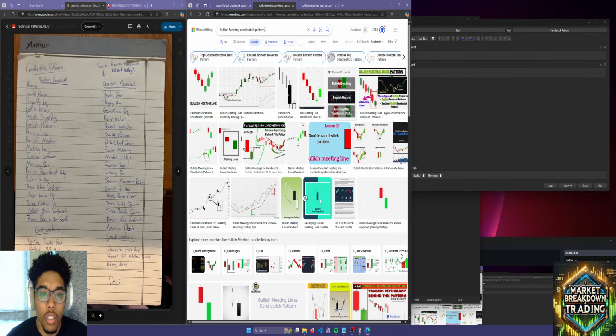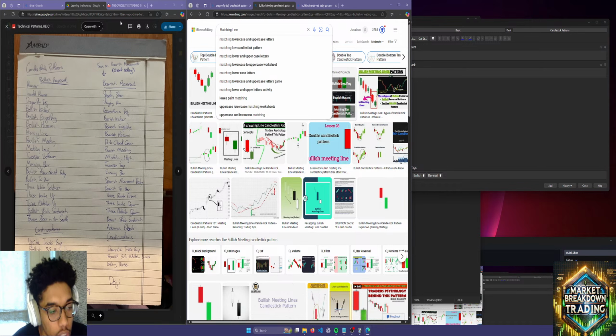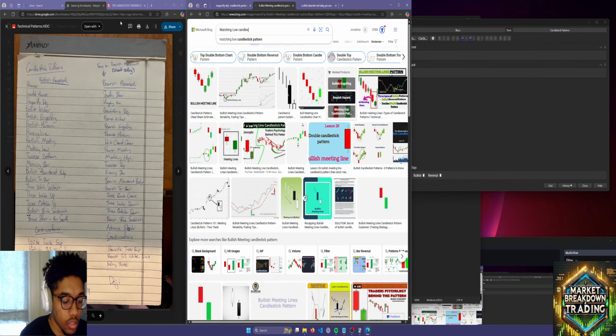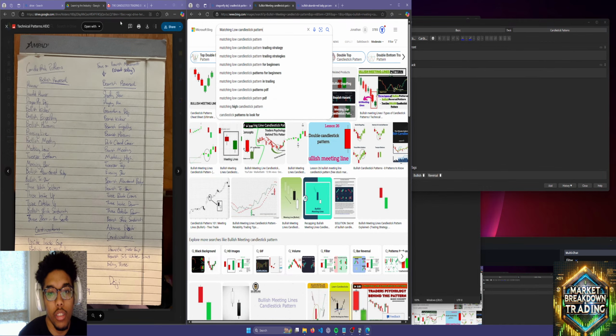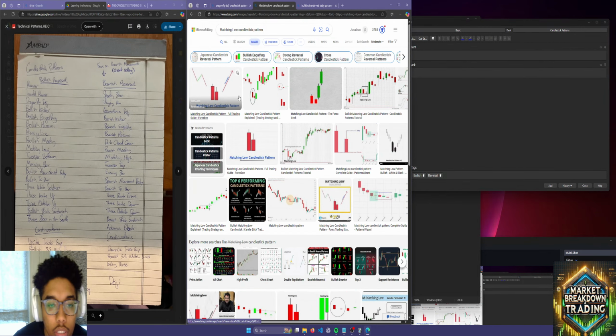Okay, then we have matching low. I think it's similar to tweezer bottoms, but there's a distinction somewhere that I'm forgetting. Okay, so the bodies don't have to be congruent, is what I'm seeing.